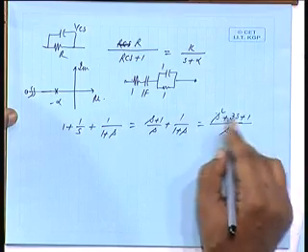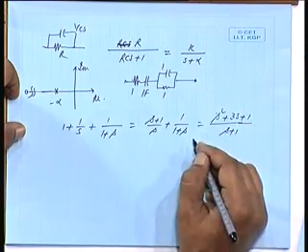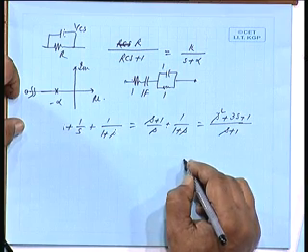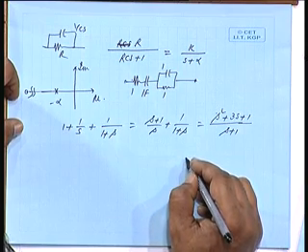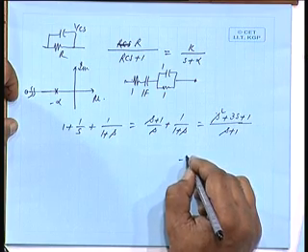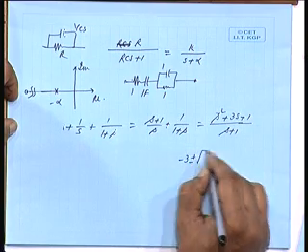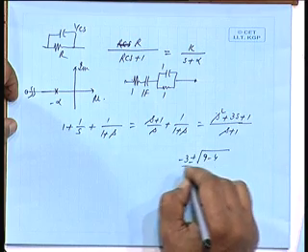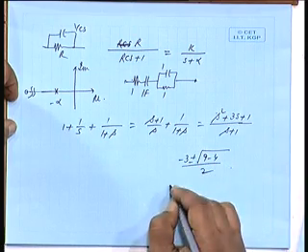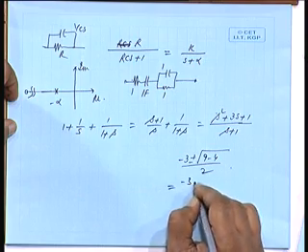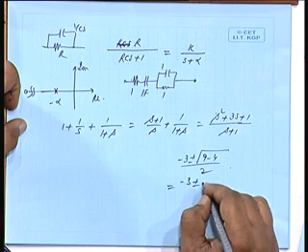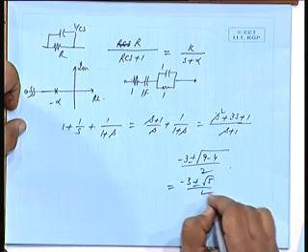You can find out the roots. What are the roots? s square plus 3s plus 1. Minus 3 plus minus root of 9 minus 4, by 2. Okay. So, how much is it? Minus 3 plus minus root 5 by 2.